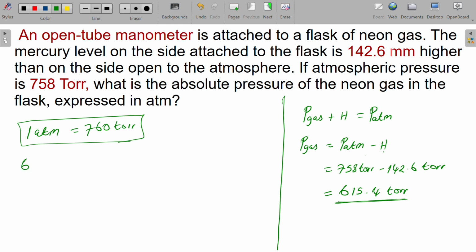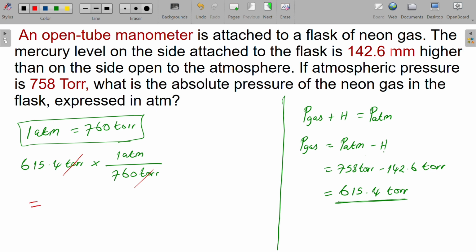So to convert now, we have 615.4 torrs multiplied by 1 atm. Since we want to get rid of the unit of torrs, we are putting it down there, is equal to 760 torrs. So the unit torr and torr will go, this and that will go. It implies our answer will have the units of atm.